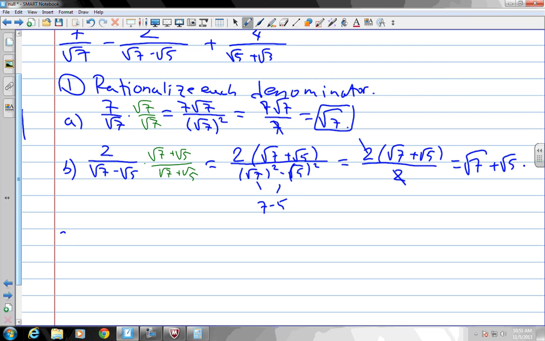And the last one is 4 over square root of 5 plus square root of 3. So what do I have to multiply this by to get rid of the square roots? Square root of 5 minus square root of 3. So always go for the opposite sign.